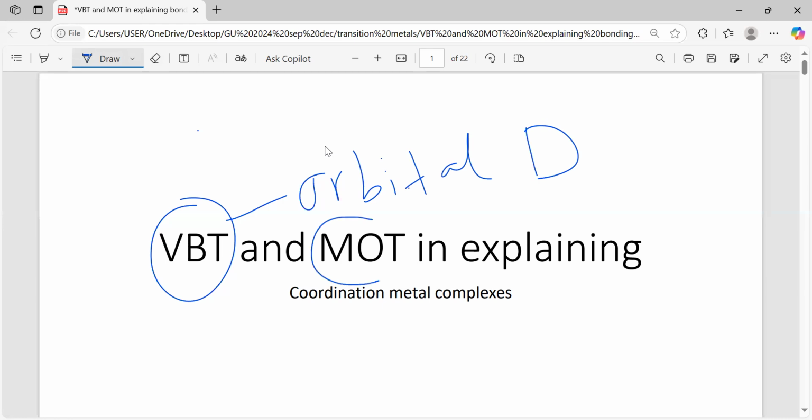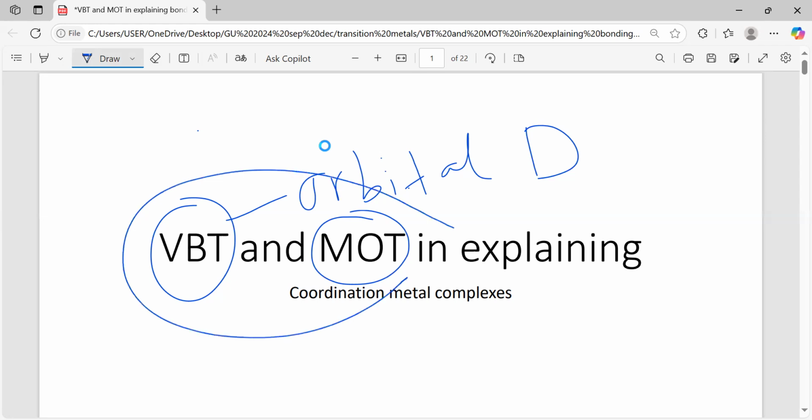Whereas molecular orbital theory, or MOT, uses energy level diagrams and orbitals as well, to explain structure and bonding in compounds. Then, after that, we shall use a combination of the two, which we call CFT, crystal field theory, to explain how bonding happens in metal complexes.